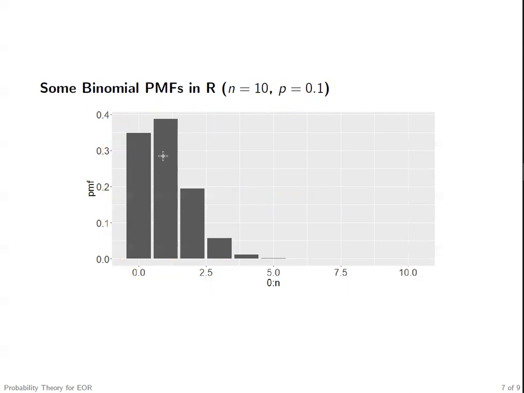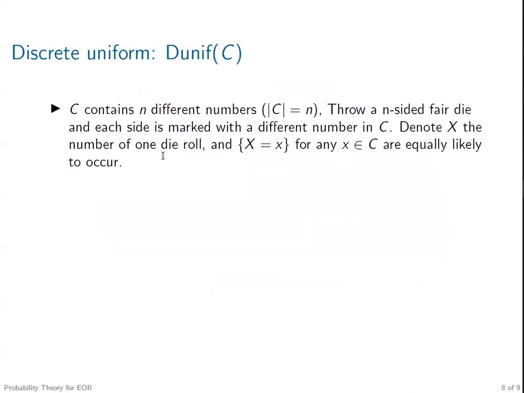The second random variable we're gonna introduce is called the discrete uniform random variable. Here is the background story. Suppose we have a set of numbers, C. C contains n different numbers. And we're gonna throw an n-sided fair die. Each side is marked with a different number in C. We denote by x the outcome you can get by throwing this die 1 time.